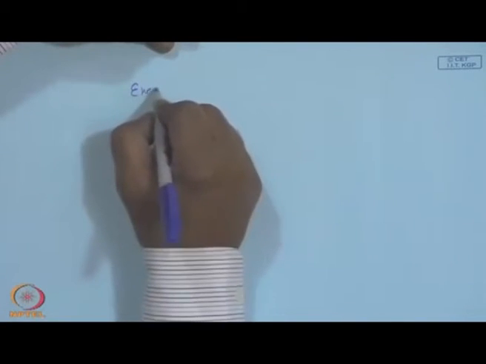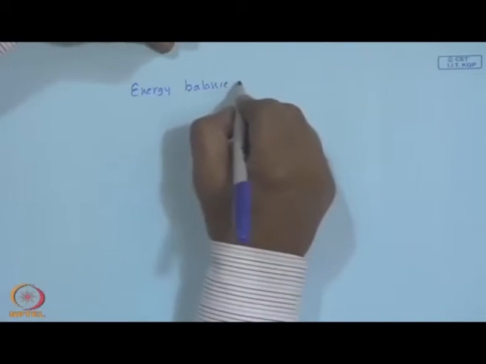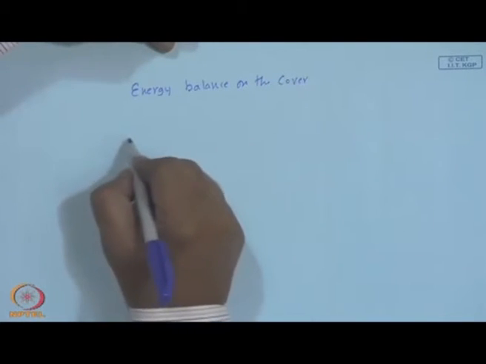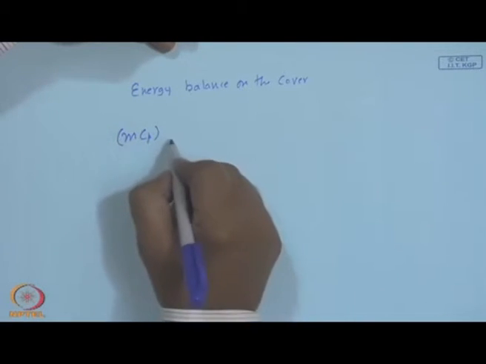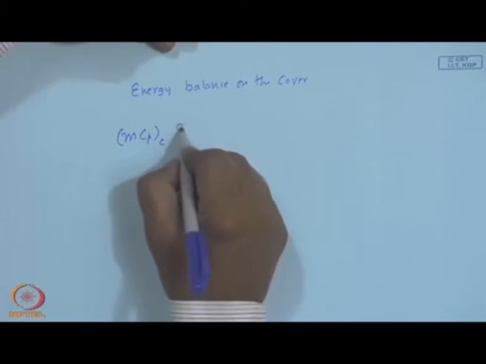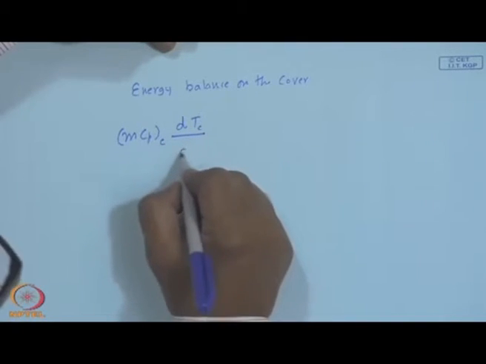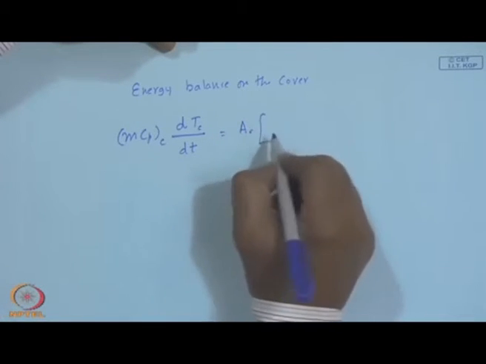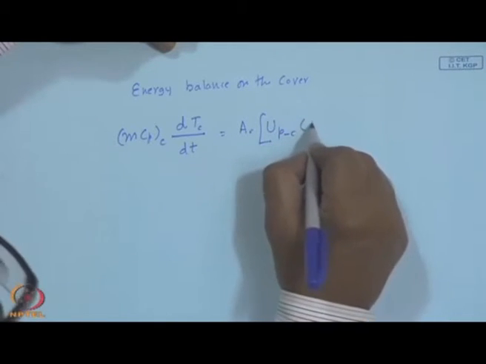And a similar energy balance on the cover gives me m C p for the cover times d T c upon d t, which should be equal to A c times the overall loss coefficient from plate to cover.